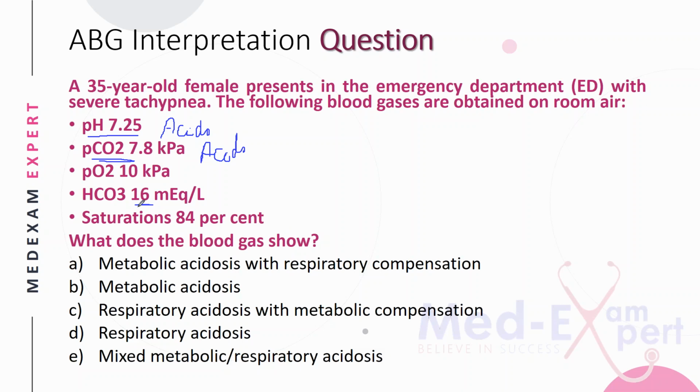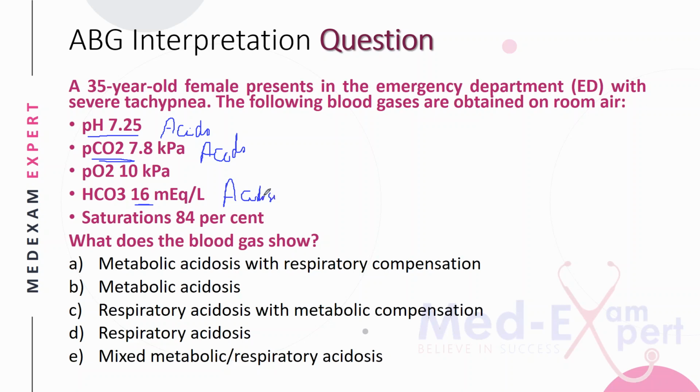Is it low or high? Low. Yes, when bicarb is low, what is the net result? It's E. Yes. When bicarb is low, it also leads to acidosis.